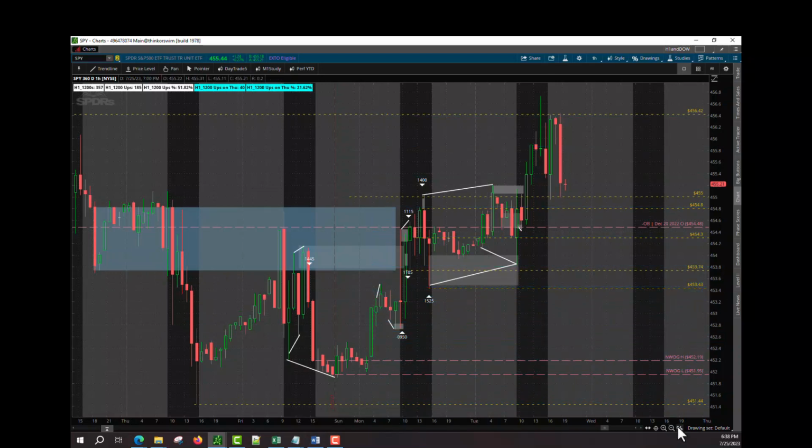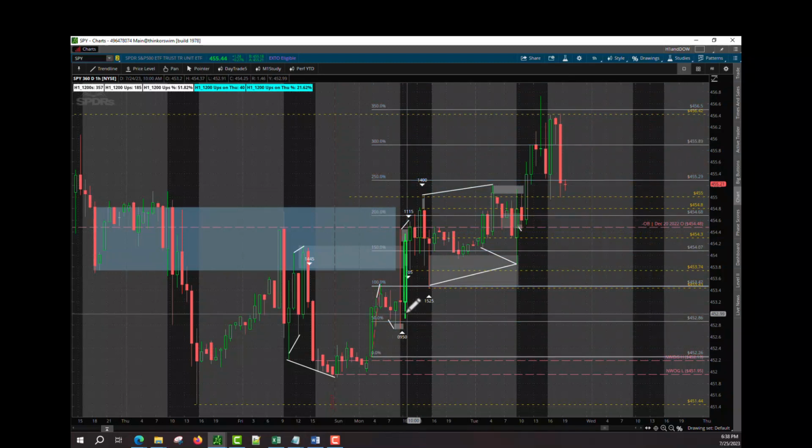Let's do this. So the pullback right here is above, closing above 50 standard deviation right there. So it gives you a nice setup to go long right there. So basically it reversed the short-term trend right there.